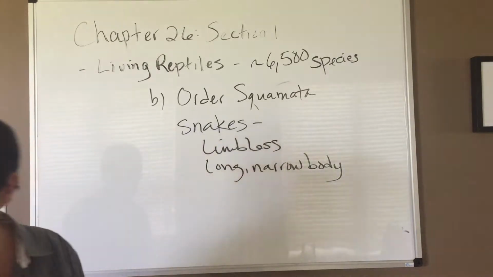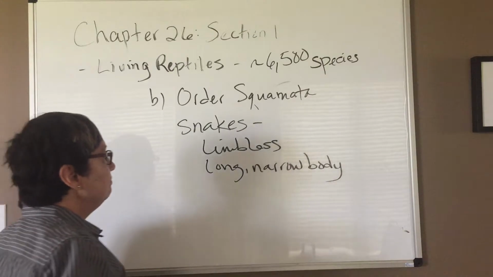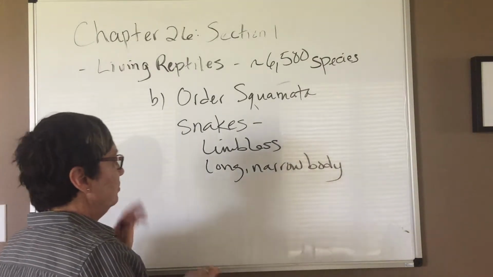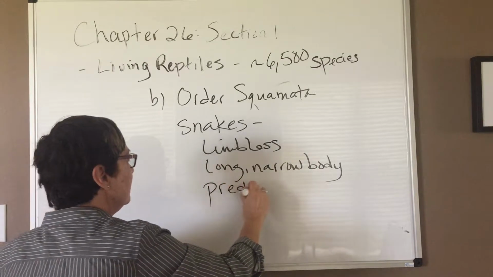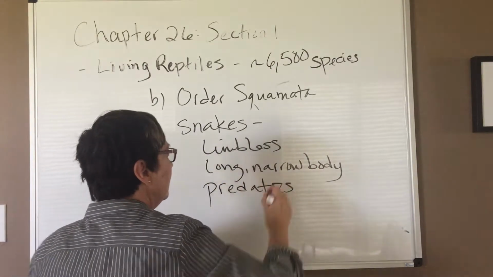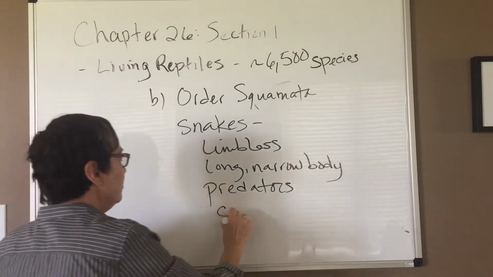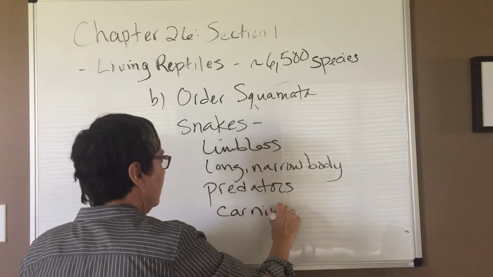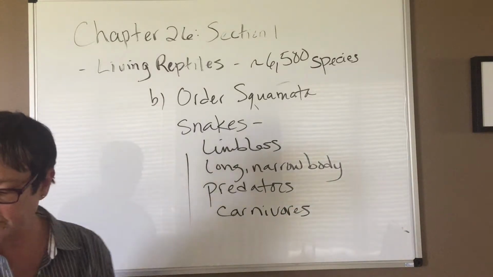And their jaws are able to open fairly widely. These are predators, and they're all carnivores. Okay, so those are the snakes.